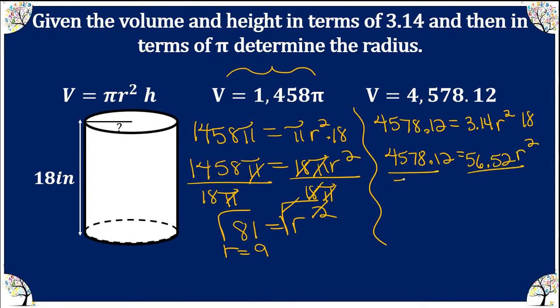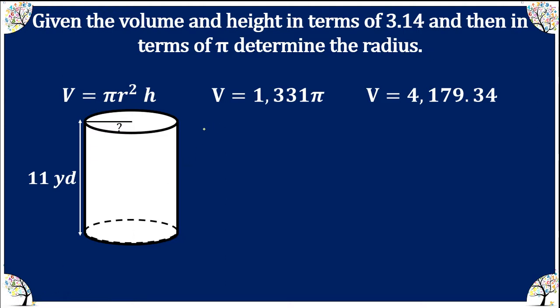Let's divide by that coefficient. 4,578.12 divided by 56.52 gives me that 81. Take the square root of both sides, and my radius is 9.